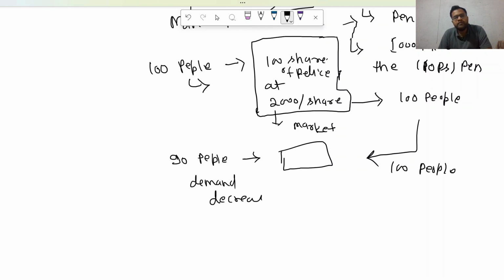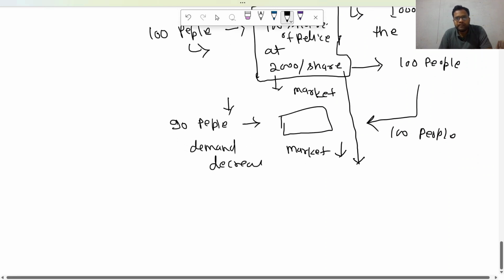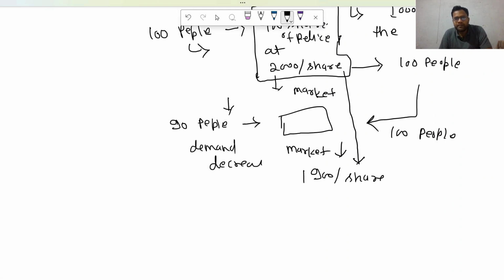So in this scenario, if supply stays the same and demand decreases, then the market price will go down. So earlier we saw the Reliance share was 2000 rupees per share. Due to demand decreasing, it will become something like 1900 rupees per share. It depends on the bid.